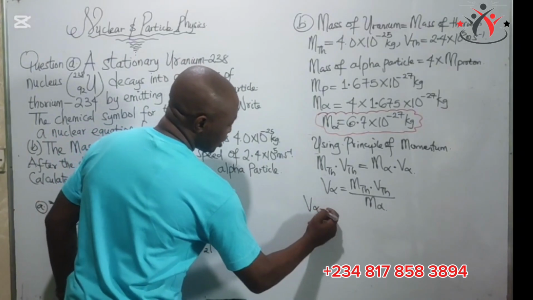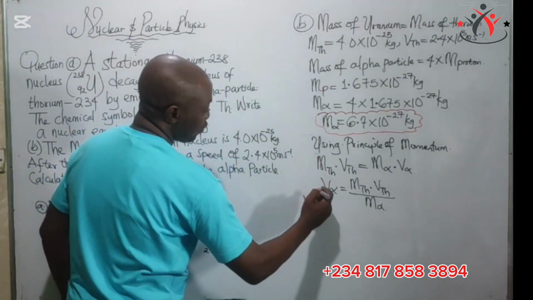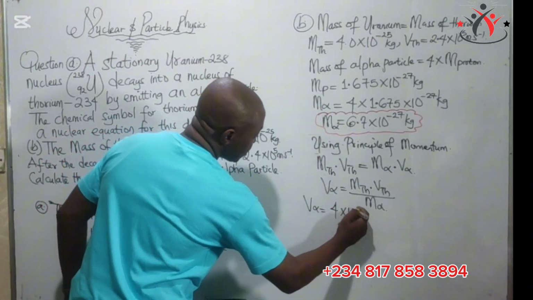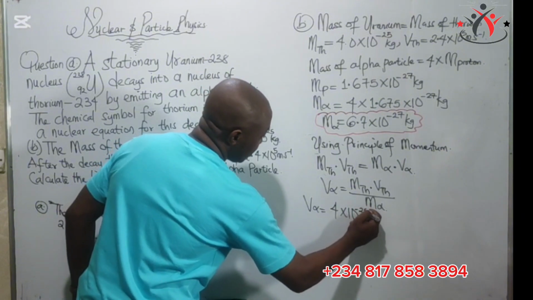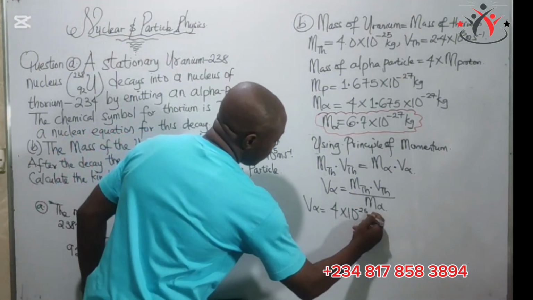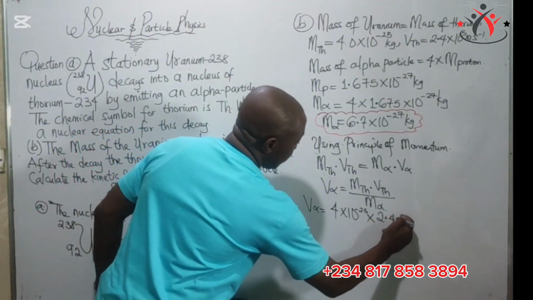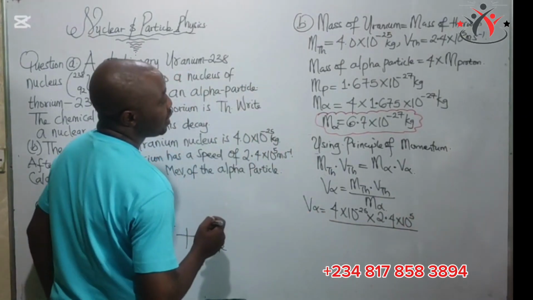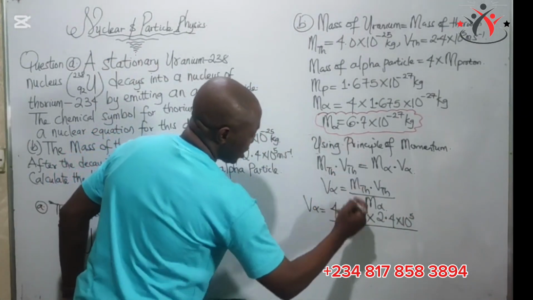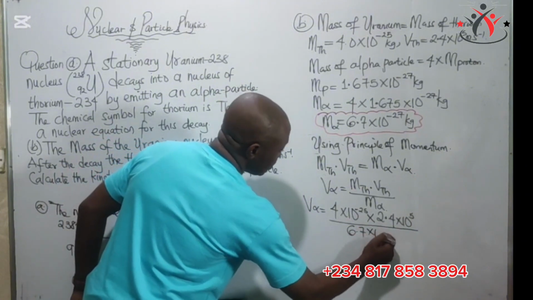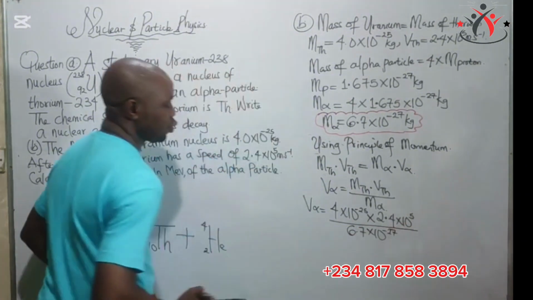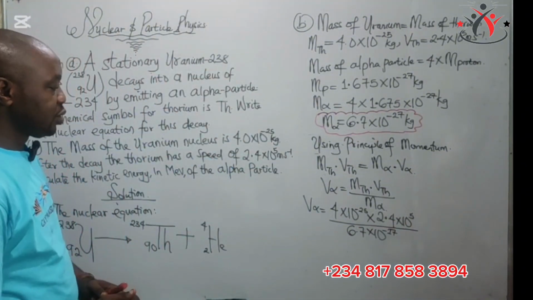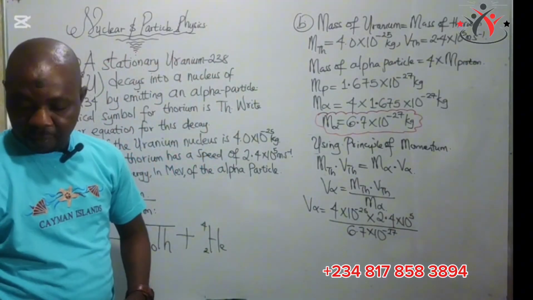So we have the velocity of the alpha particle to be the mass of thorium, which is 4 multiplied by 10 raised to the power of negative 25, multiplied by 2.4 times 10 raised to the power of 5, all over the mass of the alpha particle, which is 6.7 times 10 to the negative 27.